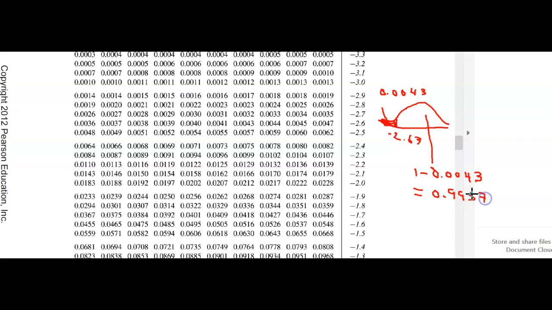So the area on the left side is 0.0043. The area on the right side is 0.9957. So once you know the area on the left side, which will always be given from the table, then the area on the right side can be calculated by subtracting the left area from 1. That's all we do to find the area on the right side.